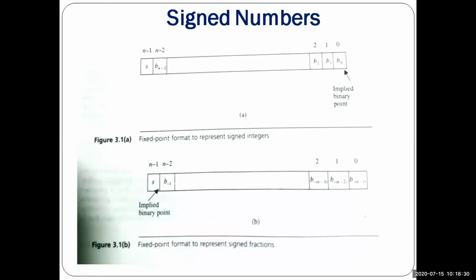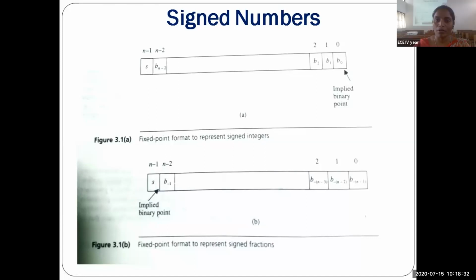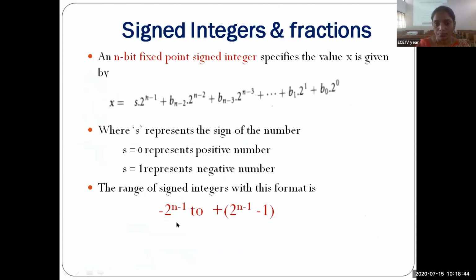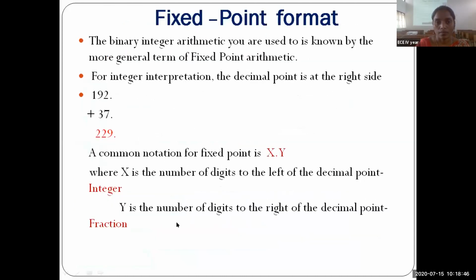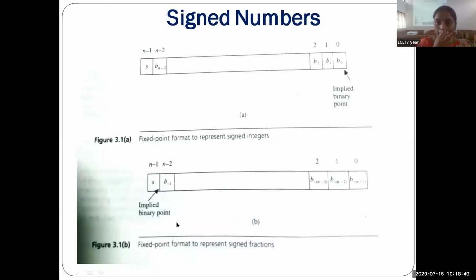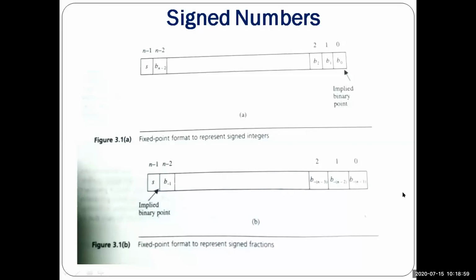We are representing binary, so we have only two values, 0 and 1. For a positive number the sign bit is 0 and for a negative number the sign bit is 1. So this is the signed number representation for integers as well as fractions. Is it clear for everyone?